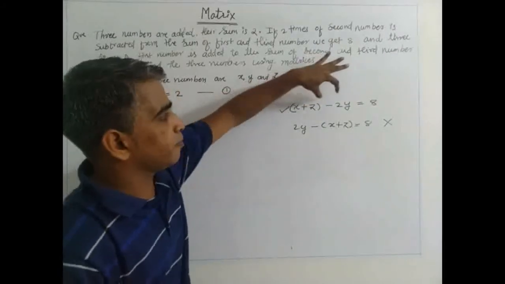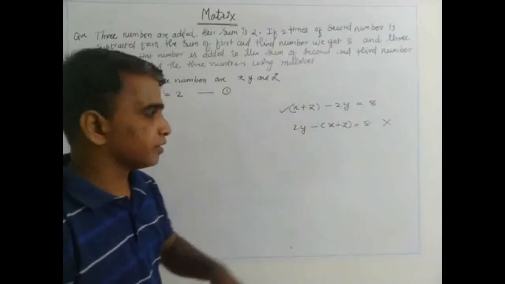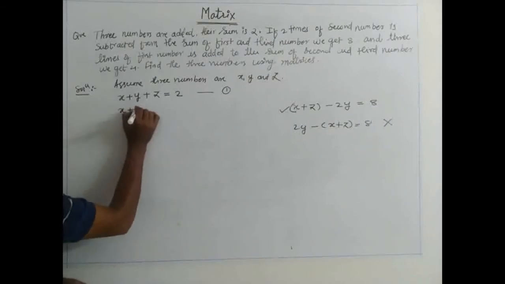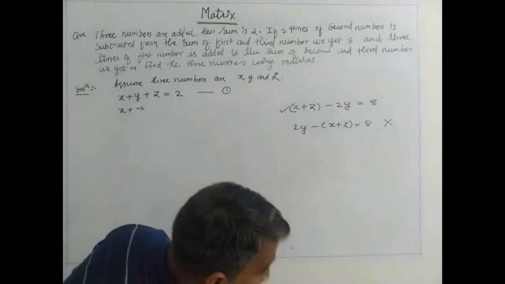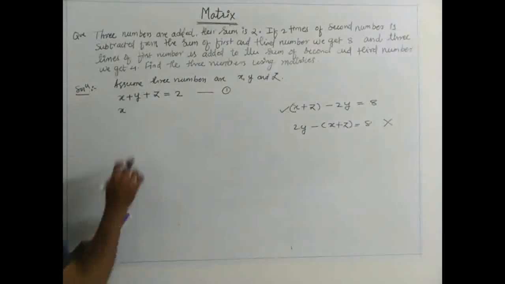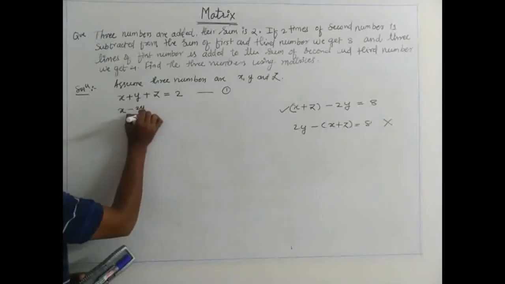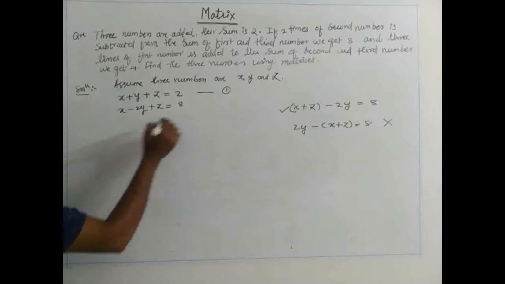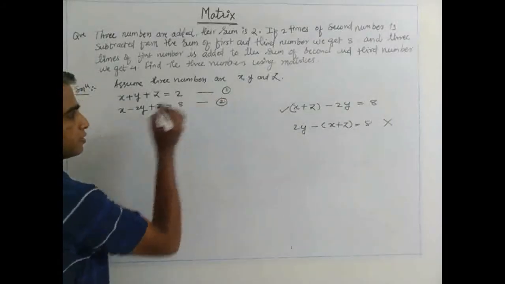So x plus z minus 2y is equal to 8. After rearrangement in the same order, we got the second equation: x minus 2y plus z is equal to 8. This is our second equation.